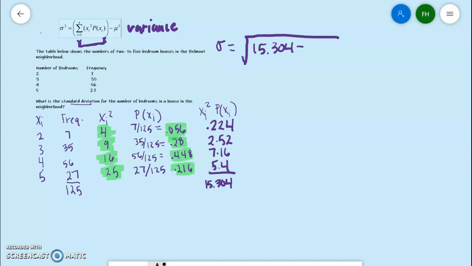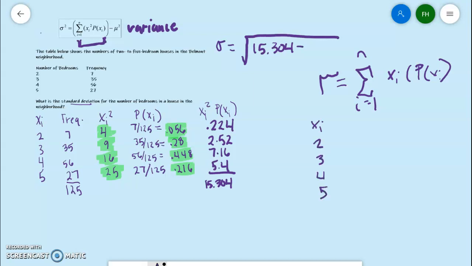Let me write the formula down. It's really early in the morning when I make some of these videos, so I'm still drinking my coffee. So it's the sum of xi times p of xi. We technically have those numbers over in the first column, so let's copy them over.